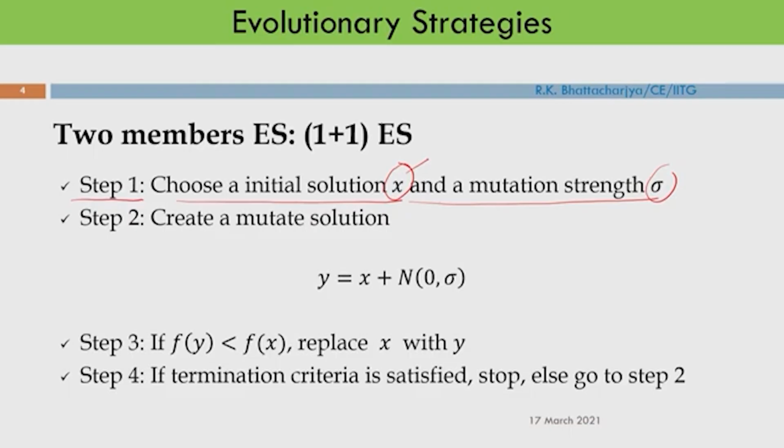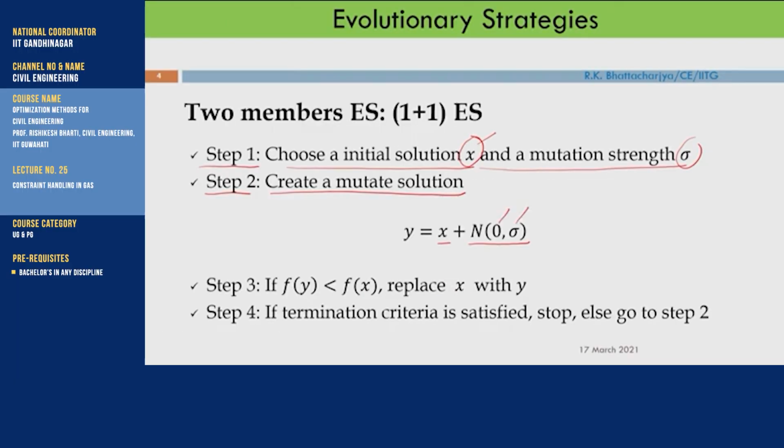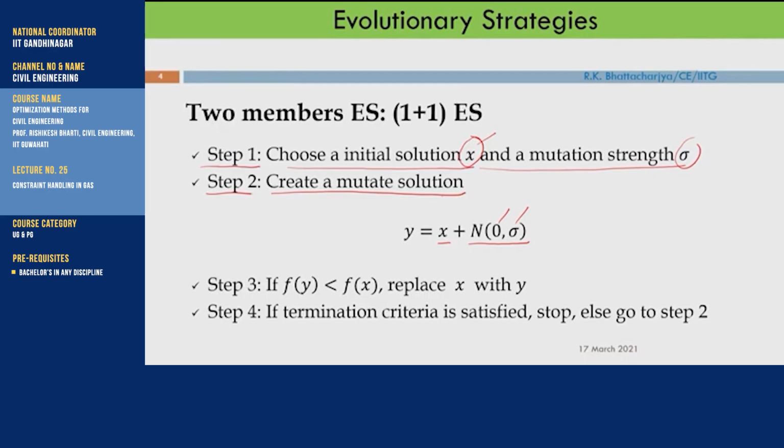Then in step 2, basically we create a mutated solution. Okay. So, how are we creating this solution? y equals x plus a random number that I create with mean 0 and standard deviation sigma. Sigma is already defined. Now you are creating an offspring.